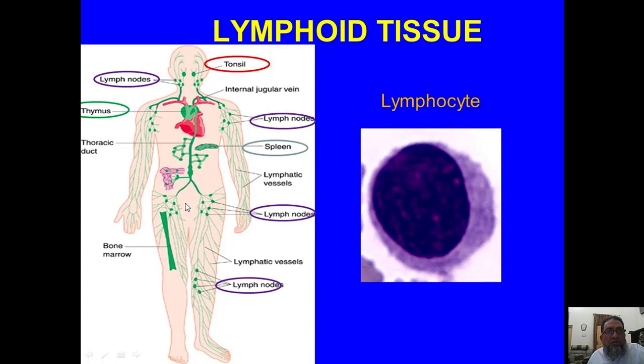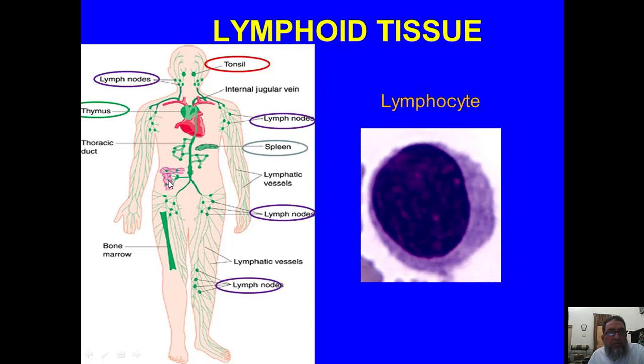On the left side is the anatomical organization of various lymphatic tissue. The lymph node in the cervical region, then the lymph node along with the internal jugular vein. This is the heart. Now this is the spleen area, which is also an important organ of lymphatic tissue. The thoracic duct, which is carrying the lymphatic from the lower limb over the thorax.